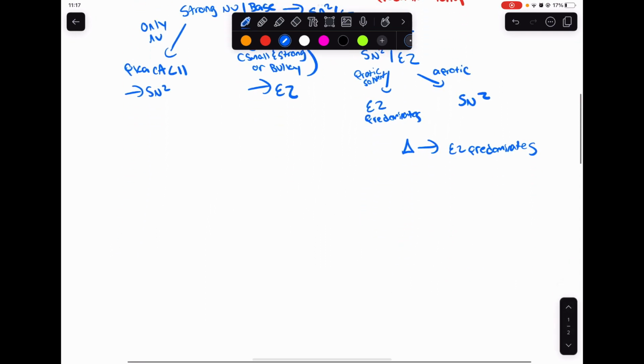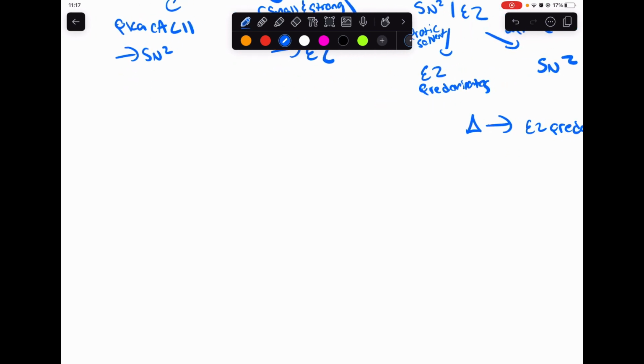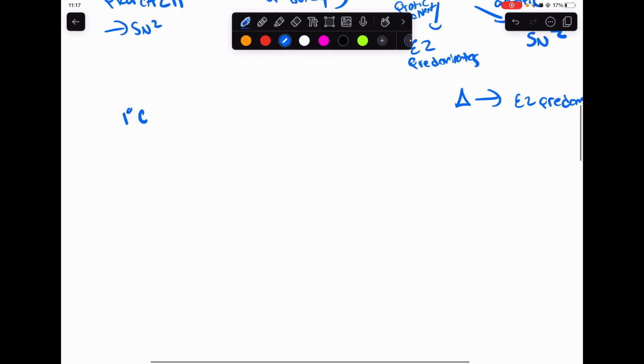Now let's go over if our alpha carbon is primary. If our alpha carbon is primary, it can either be SN2 or it can be E2. This one's pretty simple.